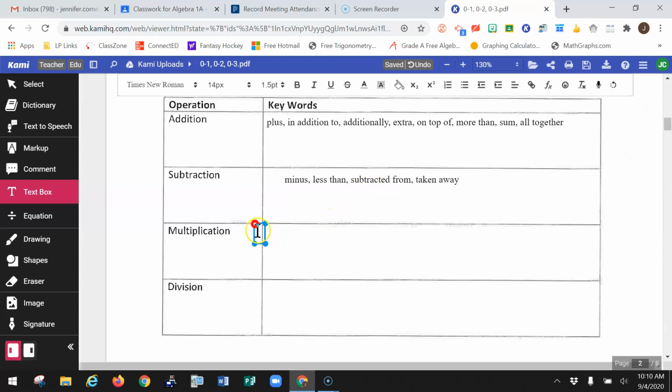For multiplication, you might see things like times, of, so that comes into play with percentages. If you're taking 20% of something, we know we need to multiply. Per, like a rate per hour or rate per gallon, cost per gallon, multiplied by.